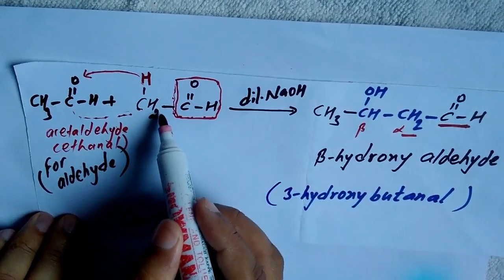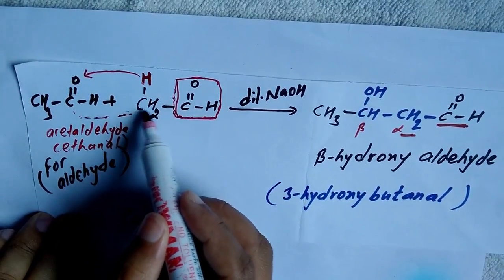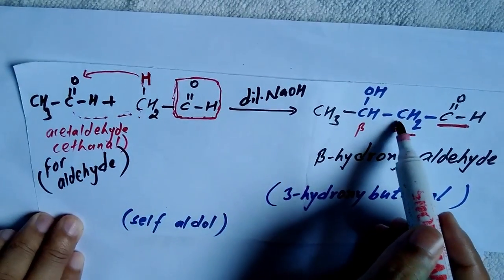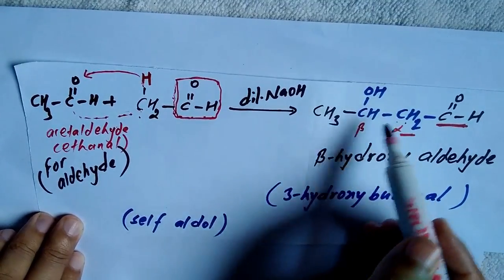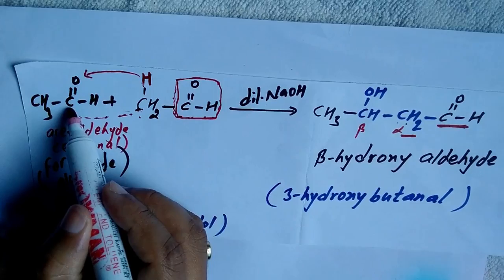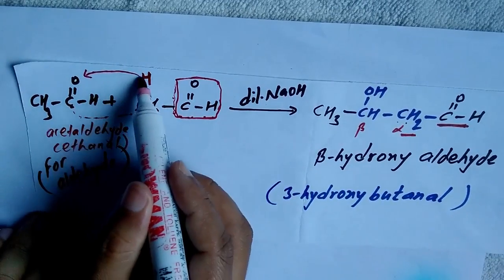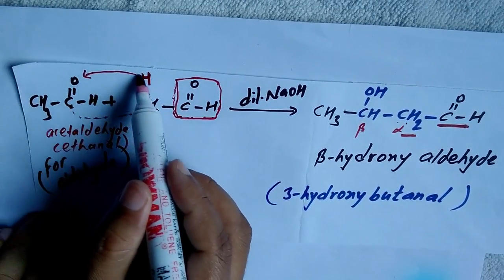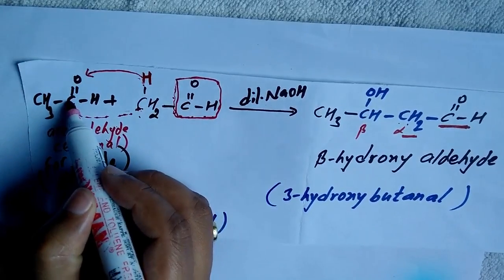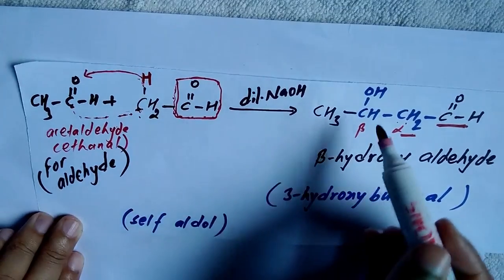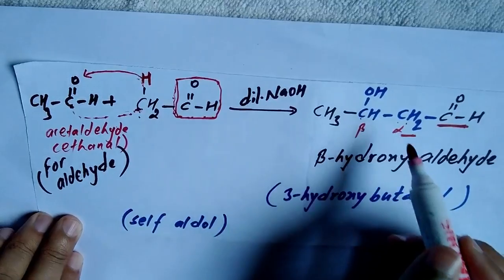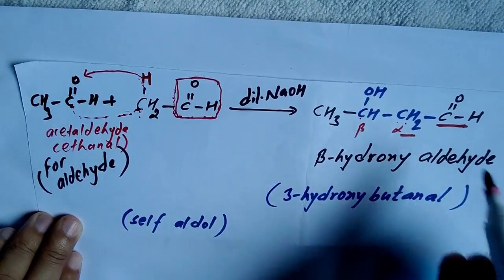After that, write the carbon which lost the alpha hydrogen, this carbon CH2, and this carbon should be bonded with the carbon where the hydrogen bonded with oxygen to form OH. That OH carbon should be bonded with this carbon, so CH, and this carbon is bonded with this CH2. So beta hydroxy aldehyde is formed here.